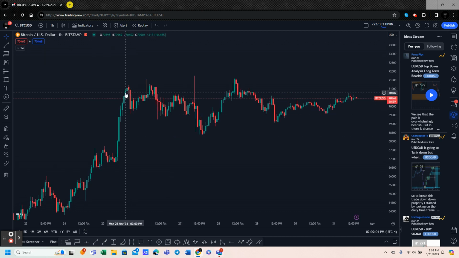Remember, when it's our banker's candle, what was the last candle before there was a shift out of a particular zone? So we got this bearish candle to come in, and then we got a nice little bearish candle to follow up that's a little bit stronger. So we're going to take this last candle right here, which was this green candle before we had a shift. So this is the last candle before we had this major shift.